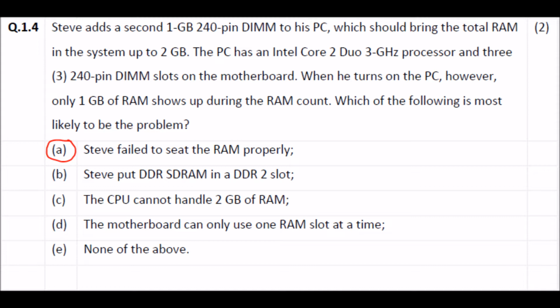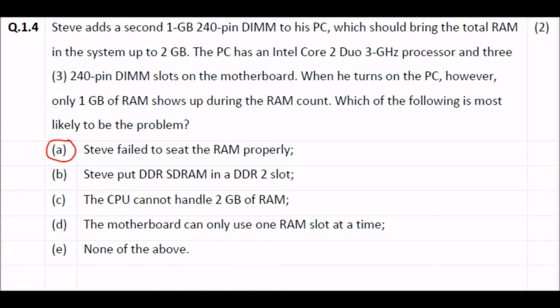Now you can look at the whole concept of an Intel Core 2 Duo processor running at 3 gigahertz. Obviously that was quite powerful back in the day, and it means you're running a 64-bit architecture, so it can accommodate more than 4 gigs of RAM.